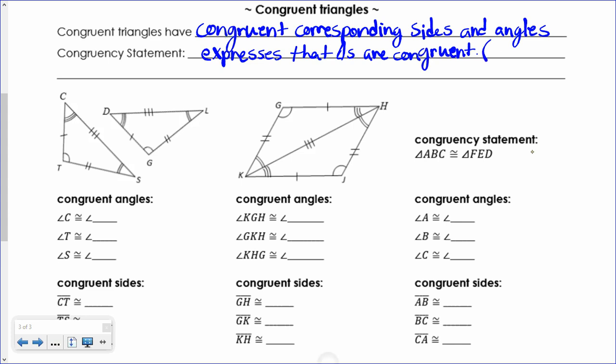So in parentheses, after this I want you to write this next little statement, which is very important.